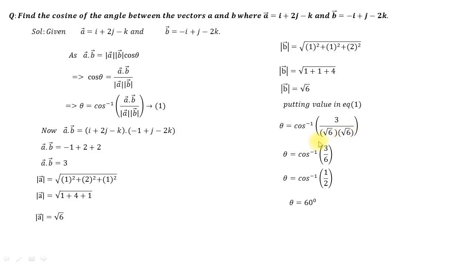So cos theta is 3 by 6, and 3 by 6 means 1 over 2. So cos theta is equal to 1 over 2, and theta is equal to cos inverse of 1 over 2, which is 60 degrees.